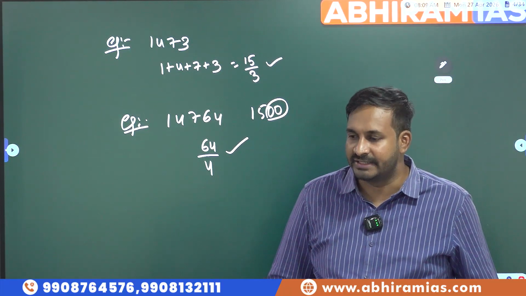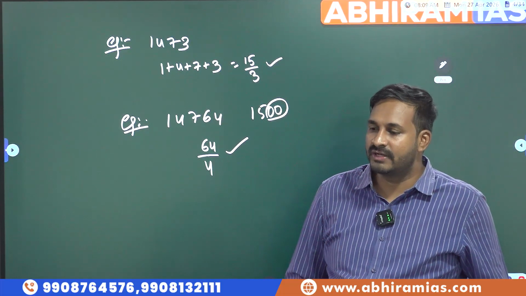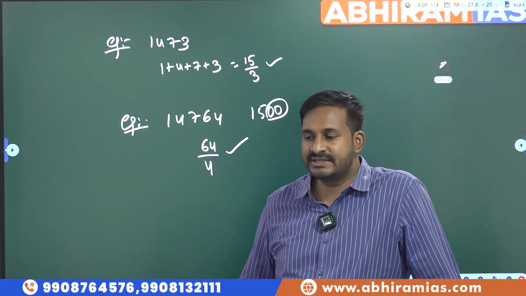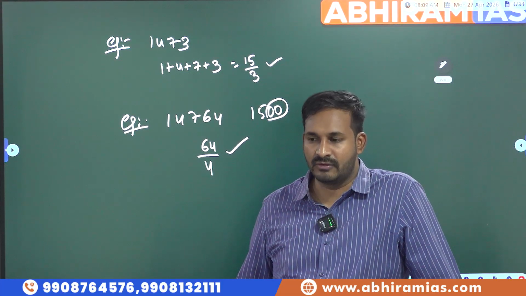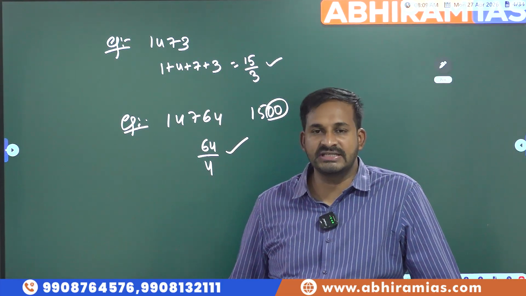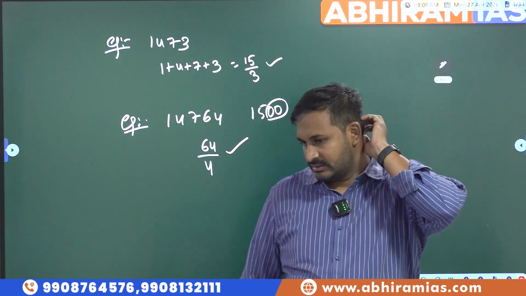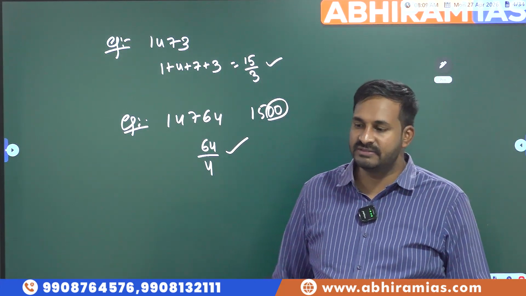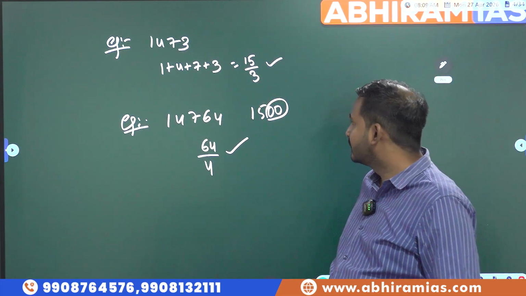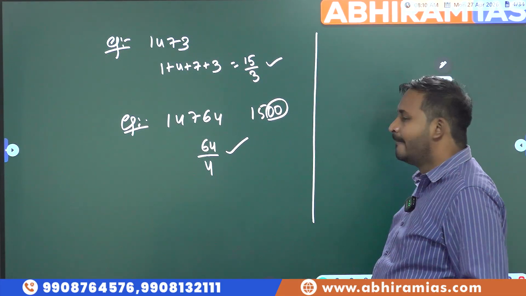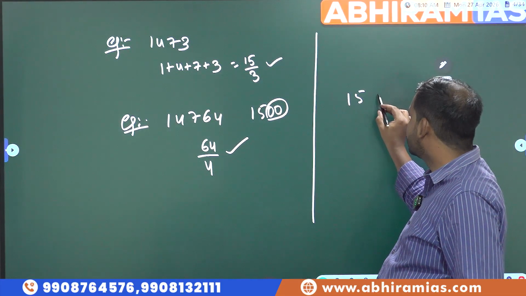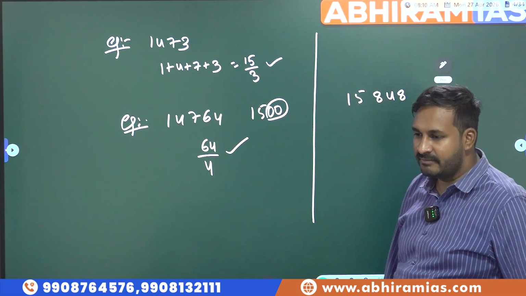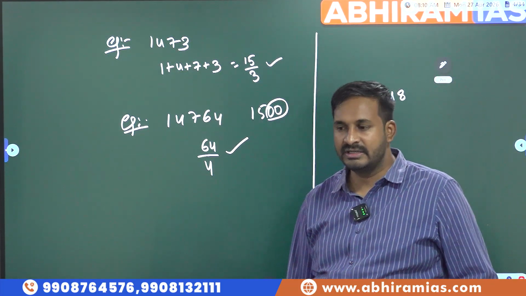Next, rule for 8. It is similar to 4. If the last 3 digits of the given number are divisible by 8, then the given number is divisible by 8.